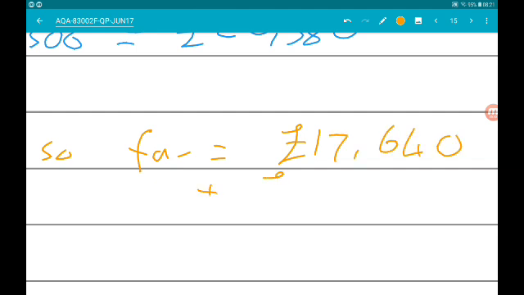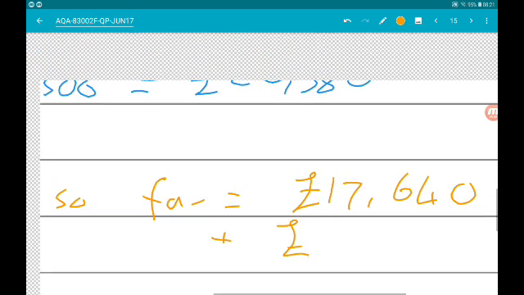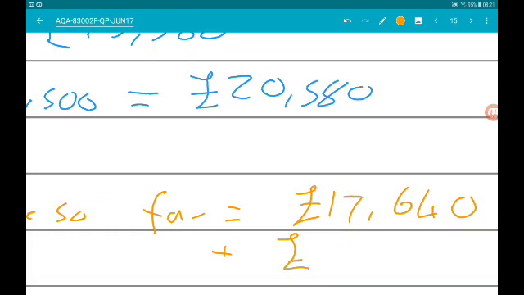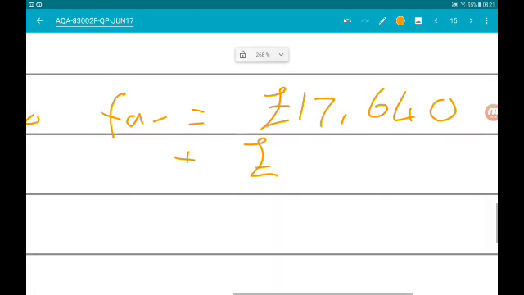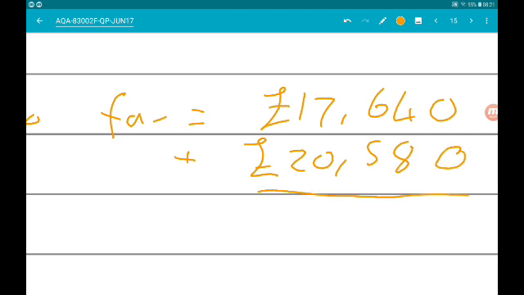Add what she gets from the profit, so add 20,580. Okay, so far she has got 38,220 pounds.